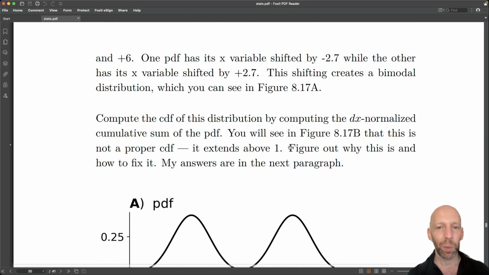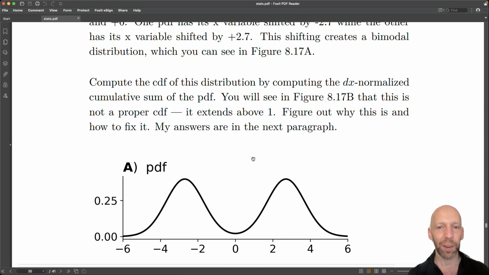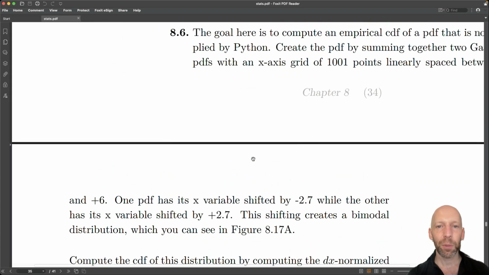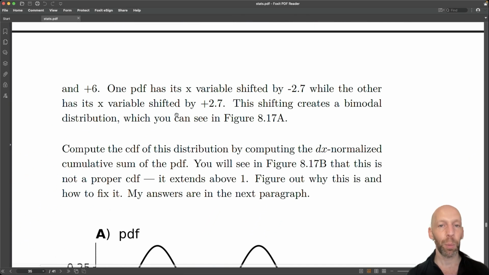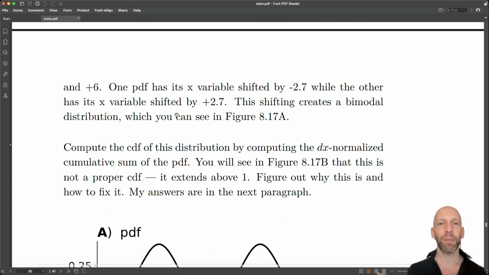Okay, before switching to Python, I will just explain how I generated this function. It comes from an x-axis grid spacing between -6 and +6 using 1001 points. So 1001 linearly spaced numbers between -6 and +6. Then you want to generate two normal PDFs, two Gaussian PDFs, but you shift the x variable inside the PDF function.